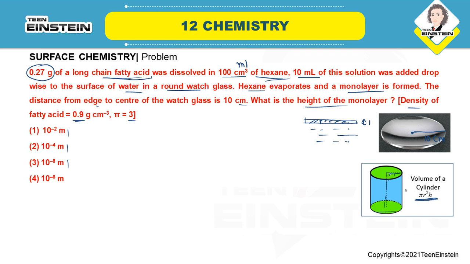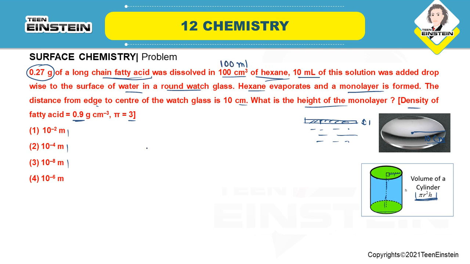Now this R value is actually this 10 centimeter, because the layer will be formed on the surface of water and water is present in the watch glass. So here we have to know the volume formula for a cylinder type of shape. 100 centimeter cube is actually 100 ml.